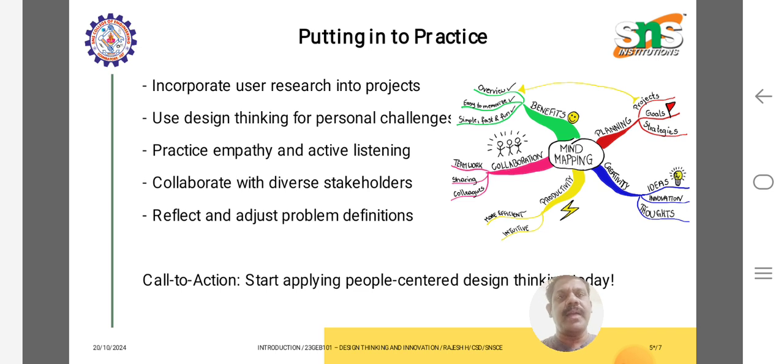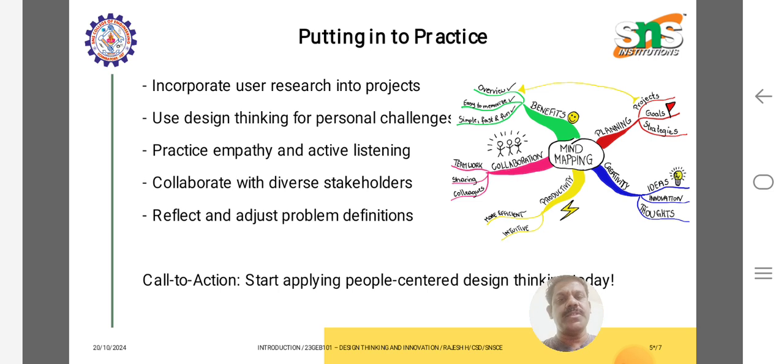The practice has to happen by incorporating user research into the projects, and the developer has to use design thinking for personal changes, and has to practice empathy and active listening. Also, the developer has to implement collaboration with a diverse set of stakeholders and reflect the solutions by adjusting to the problem definitions.